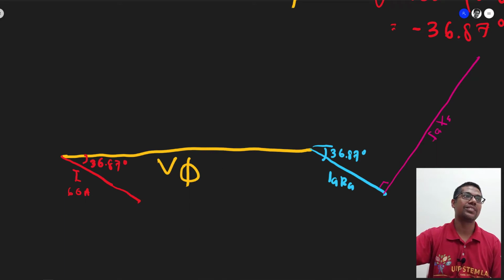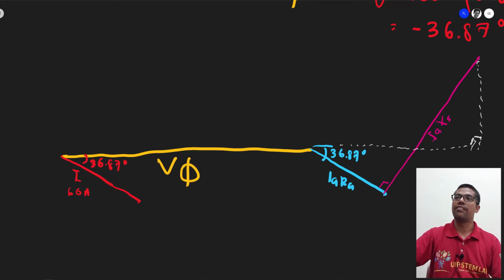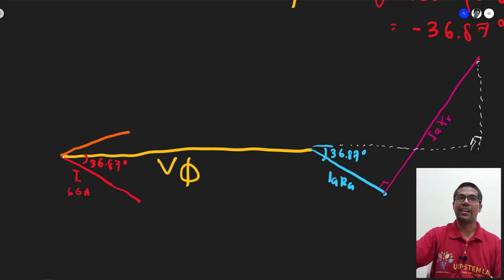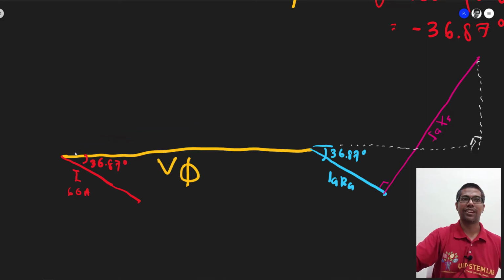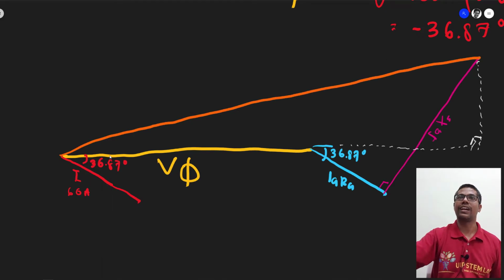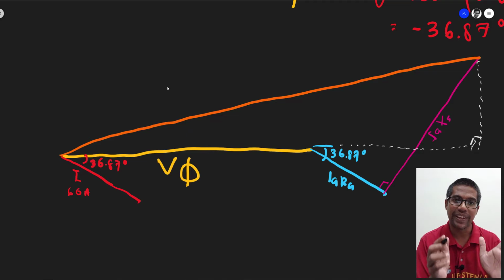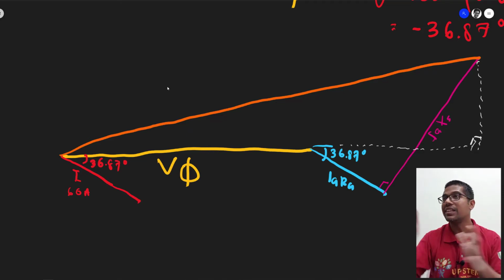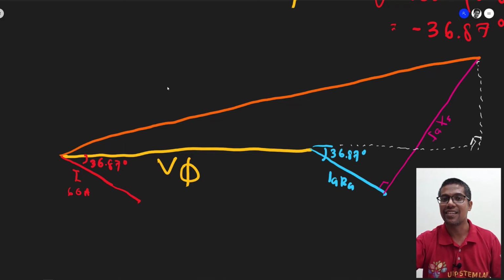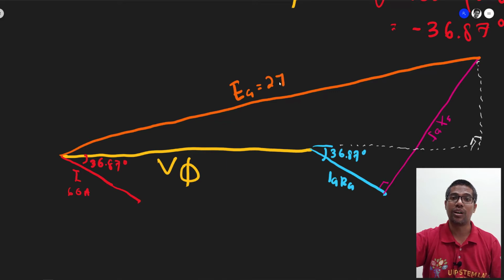So if you draw this together, we will have our triangle now. From the start of V phase till the end of IA XS, that will be our EA, which we already know, 277 volt.